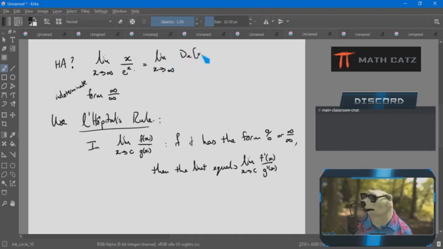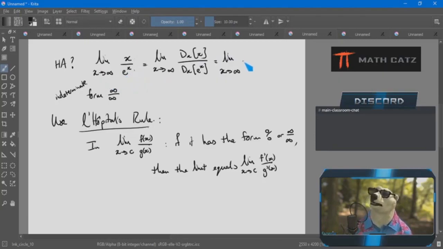The limit is going to be the same as the limit of the two derivatives in the same place as the original numerator and denominator. The derivative of the numerator, derivative of the denominator. This is not a quotient rule. This is nothing like that. It is completely different. Okay, but essential to be able to handle limits, especially with exponential and log functions.